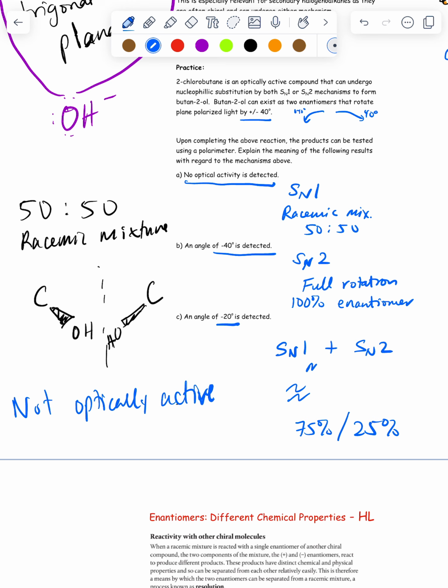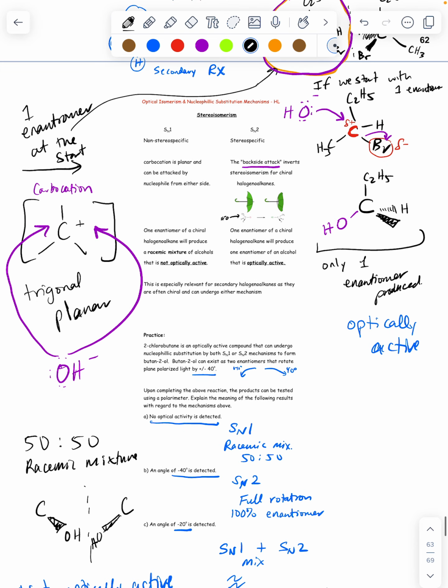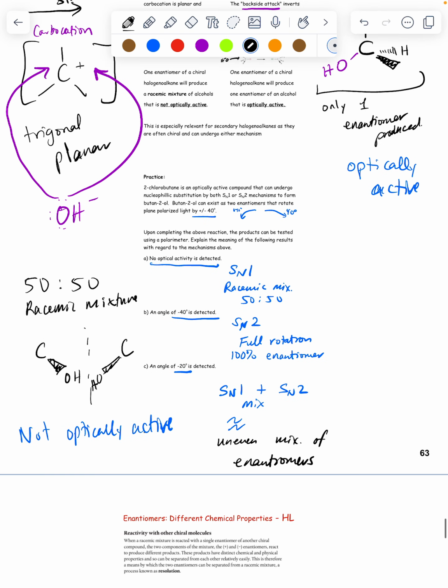The point is, you're getting a mix, and you have some kind of uneven mix of the enantiomers. So we've got the two different mechanisms, and the two different mechanisms have a difference in orientation of attack, and therefore this topic of nucleophilic substitution, SN1, SN2 mechanisms, can be linked with the topic of chirality and optical isomerism if they want to make a really challenging HL organic chemistry question.